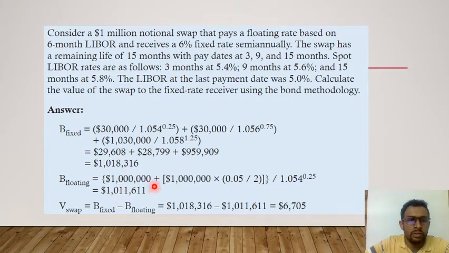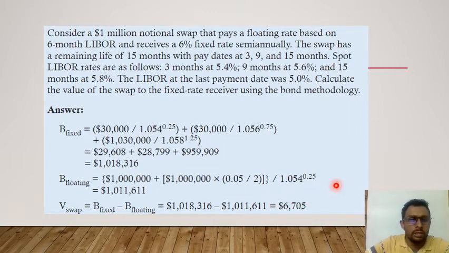That gives a value, and this also gives us a value. So value of swap is equal to bond fixed minus bond floating, which gives 10,18,316 minus 10,11,611, which is equal to 6,705.